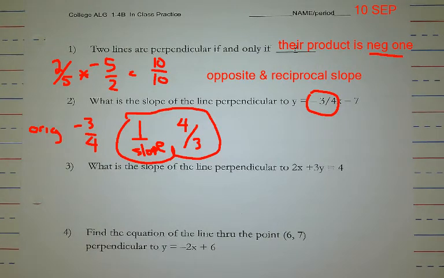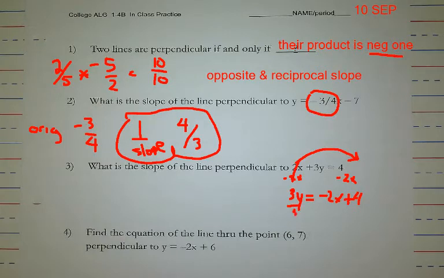Okay, what's the slope of the line if it looks like this? Well, remember you have to find the slope of this line, and you have to subtract 2x from both sides. So if I subtract 2x here and here, then I get 3y equals -2x plus 4.